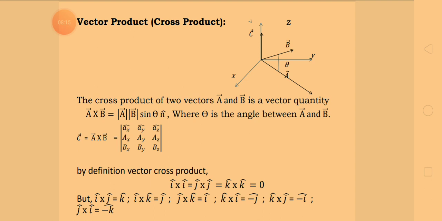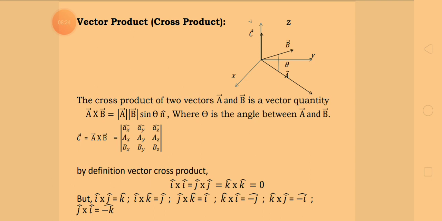Mathematically, you can write vector A cross vector B is equal to magnitude of A, magnitude of B into sine theta into a n cap. That a n cap represents the direction of the resultant vector, that is the direction of vector C.